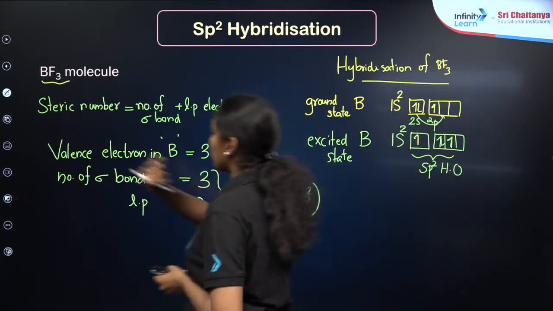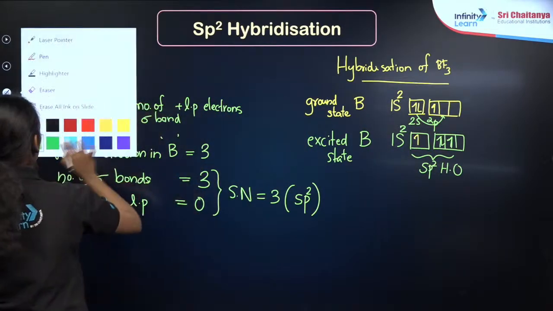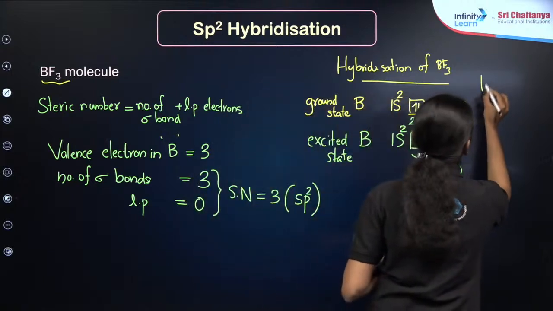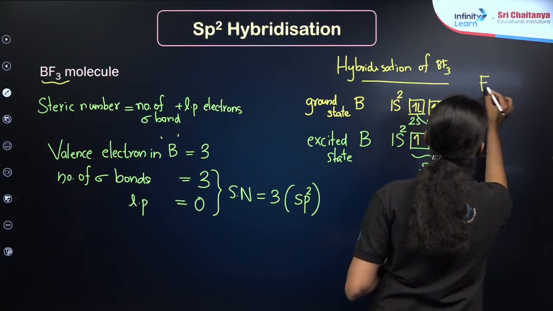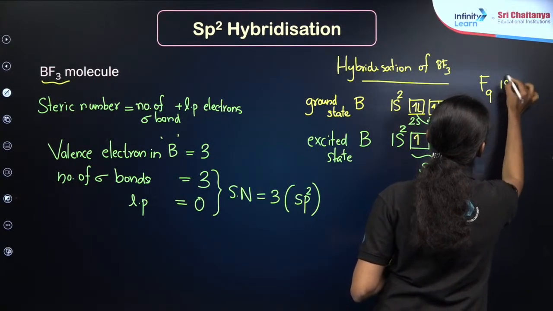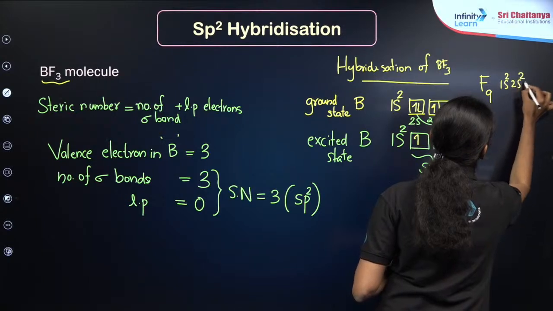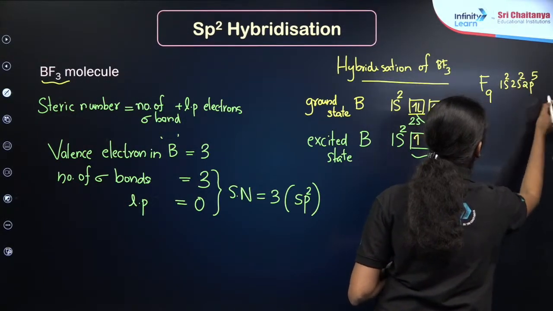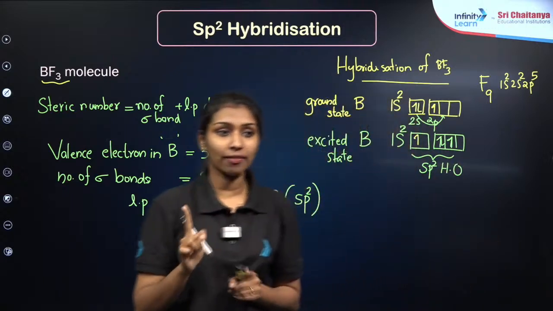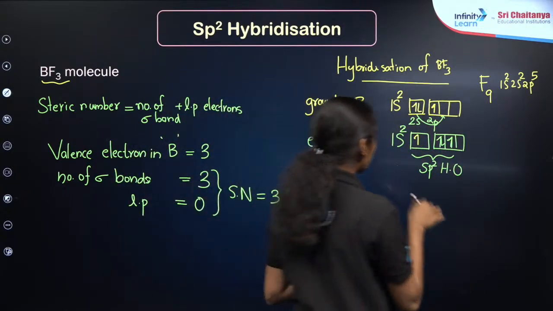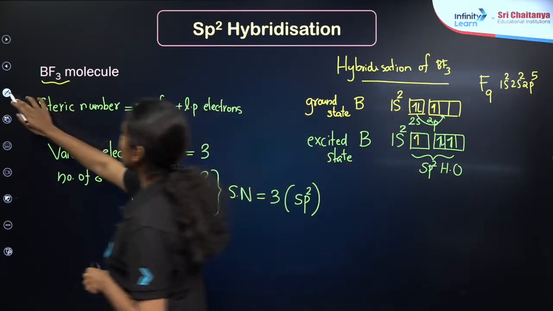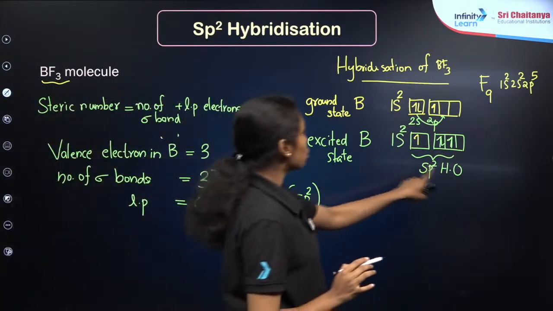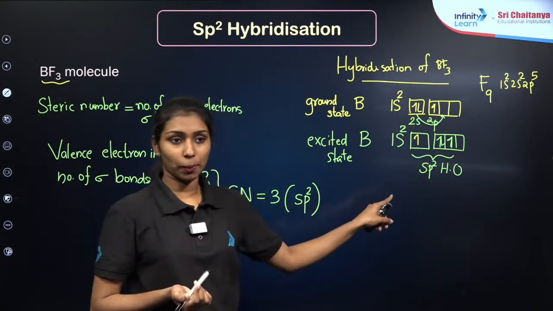Now you have to find out the valence shell in the case of fluorine. Fluorine is 9, right? So 1s2, 2s2, 2p5. The 2p set having an unpaired electron means that one of the electrons from the 2p set of the fluorine atom will overlap with the sp2 hybridized orbital, right?